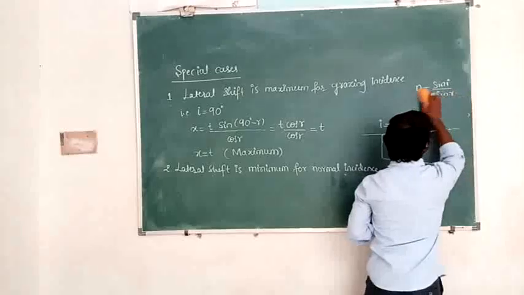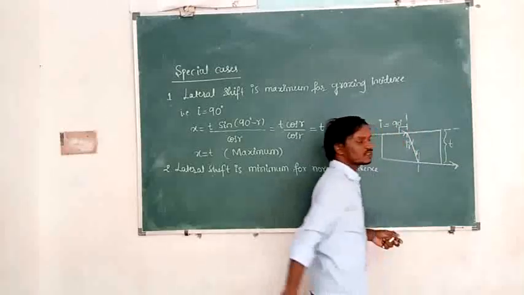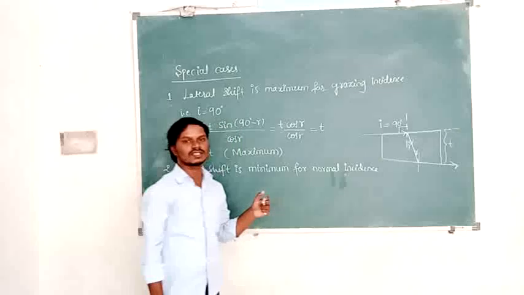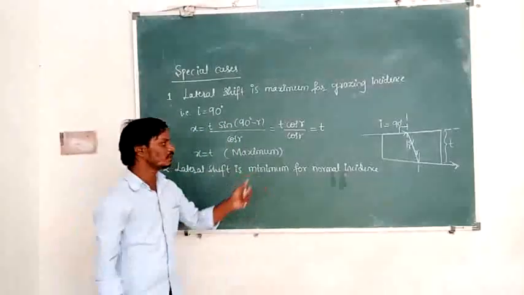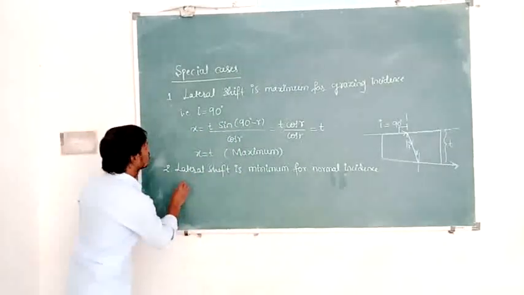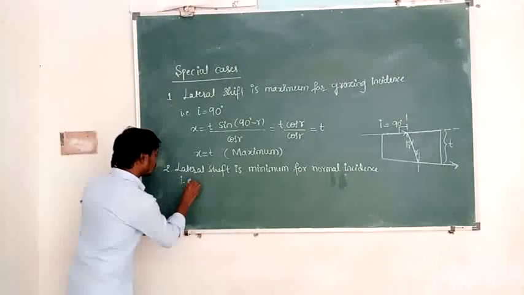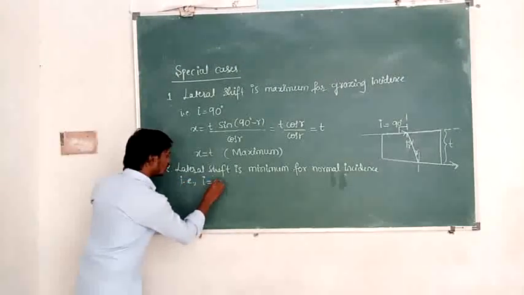If the angle of incidence is 0, then the angle of refraction is also 0. Means for normal incidence, the lateral shift becomes minimum. That is, i is equal to 0 degrees.